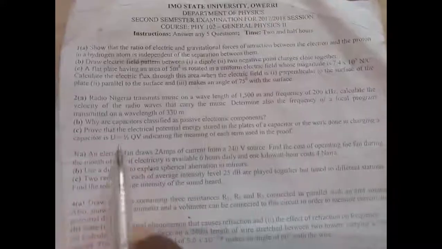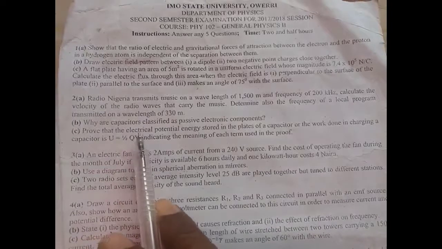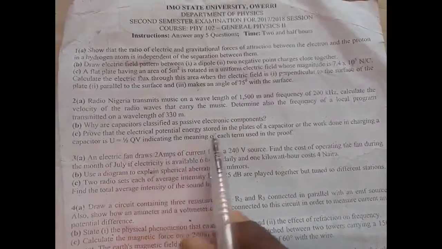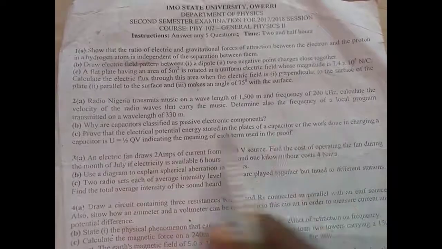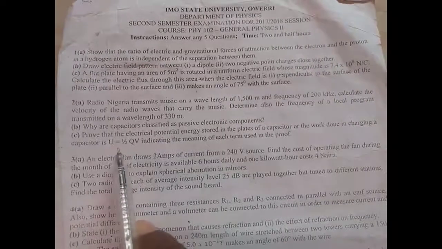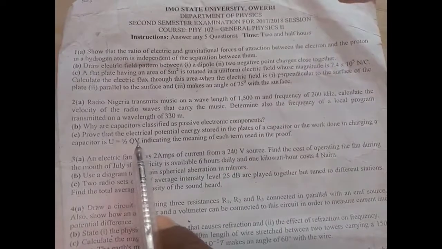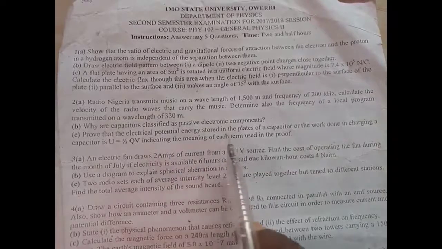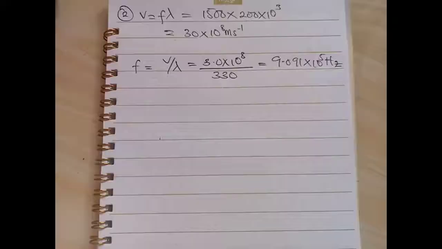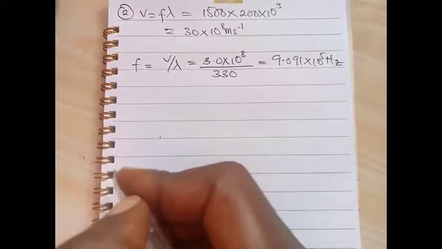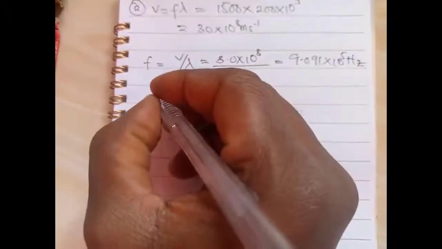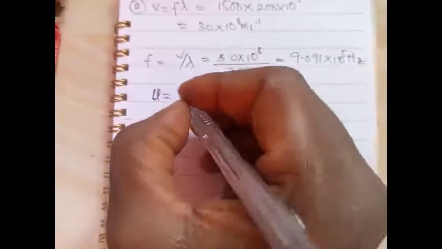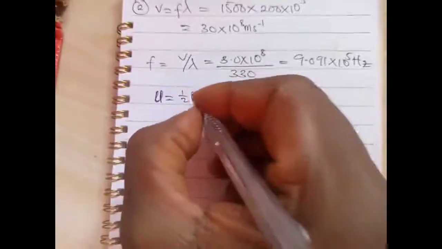The next question says, prove that the electrical potential energy stored in the plates of a capacitor, or the work done in charging a capacitor, is U equals half QV, indicating the meaning of each term used in the proof. So for us to prove the work done in charging a capacitor, that is energy stored, U equals half QV.